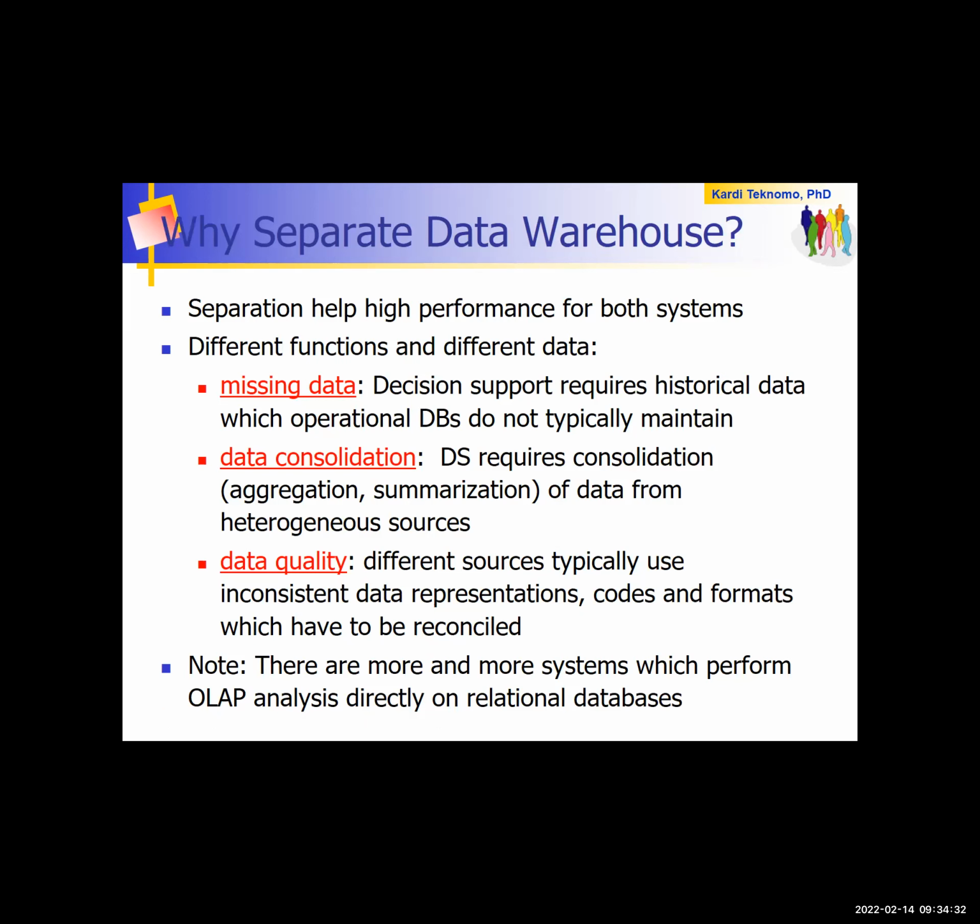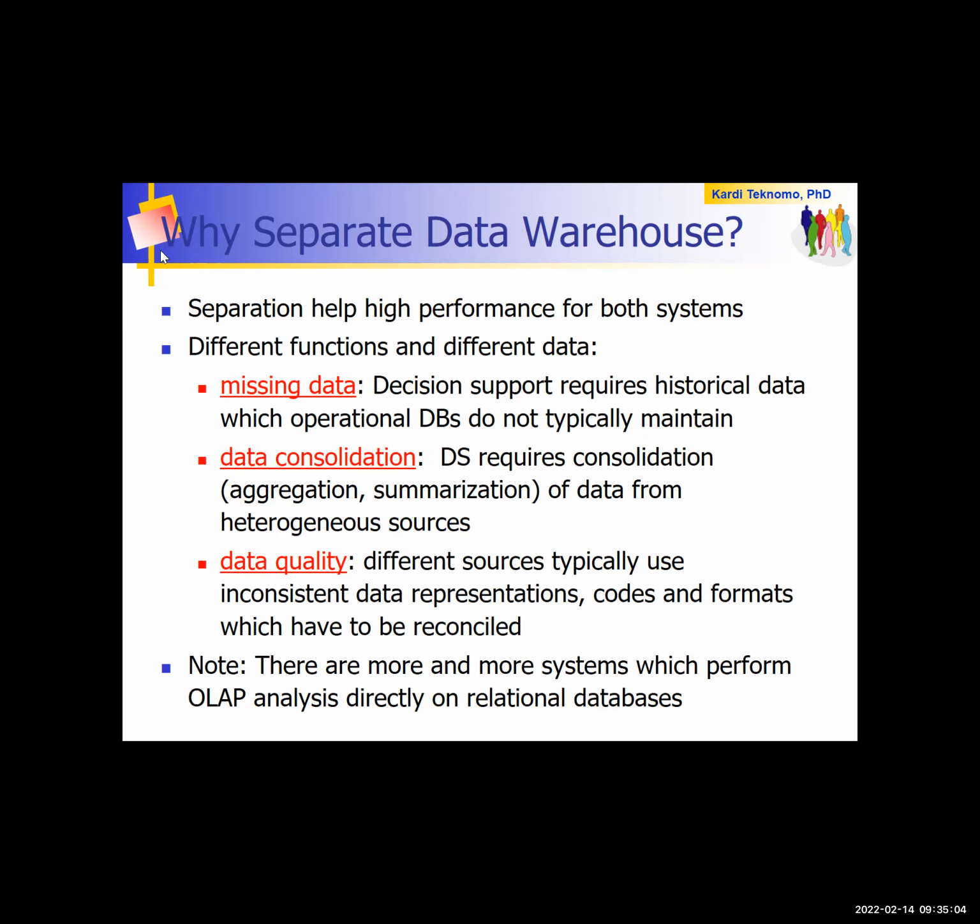Now, the next question is this. Why do we want to separate the data warehouse from the transactional processing? Because they have different functions. Because they have different data. For example, if you have missing data, decision support requires historical data which the operational database cannot maintain.